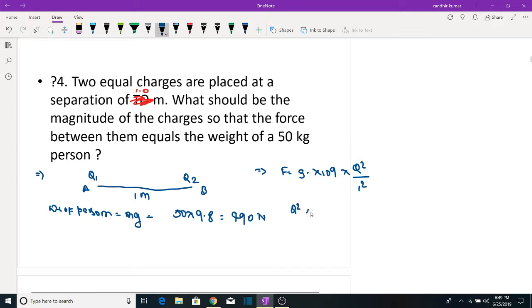So Q square is equal to 490 upon 9 into 10 to power 9. Clear? So Q equal to under root 490 upon 9 into 10 to power 9, equal to 2.3 into 10 to the power minus 4 coulombs, answer.